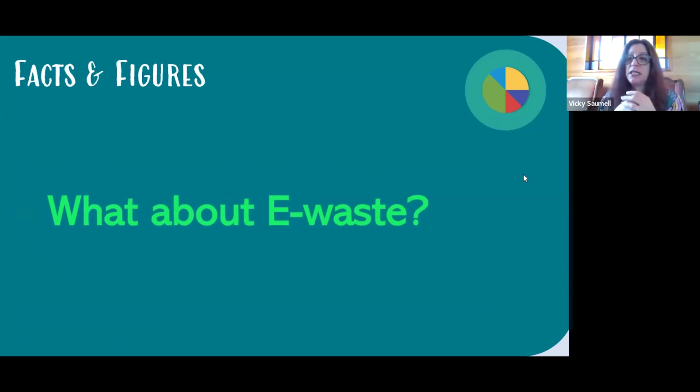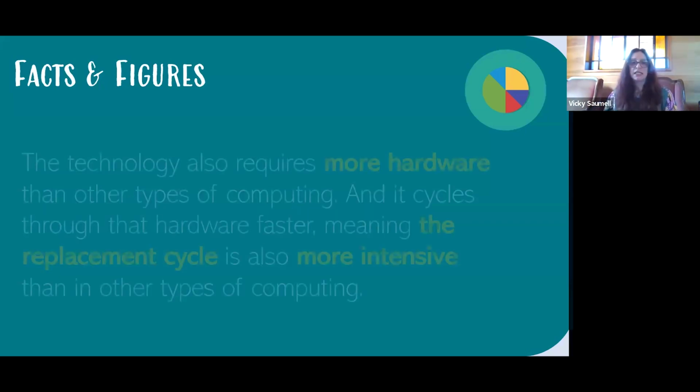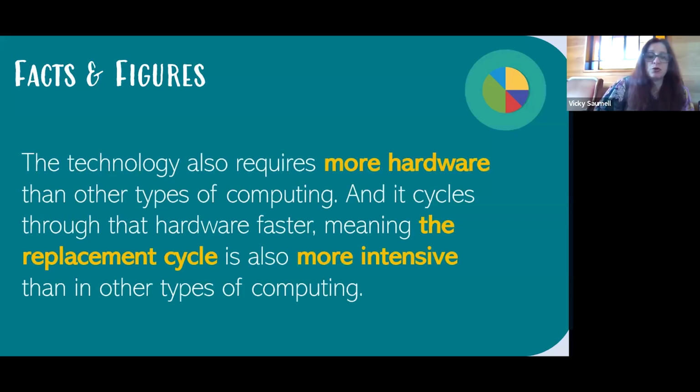And this is a question I didn't raise during my plenary at TEFL, but of course, I didn't have time for it. But the issue of e-waste is quite something we need to look at too. Because the technology used for generative AI requires more hardware than other types of computing.